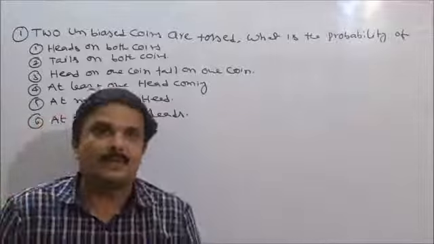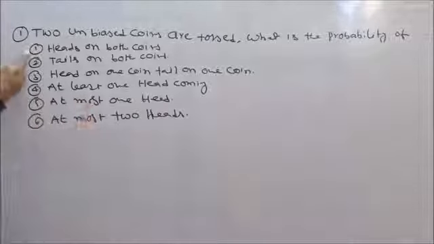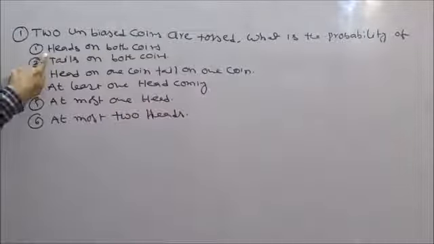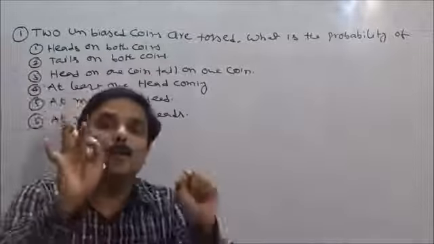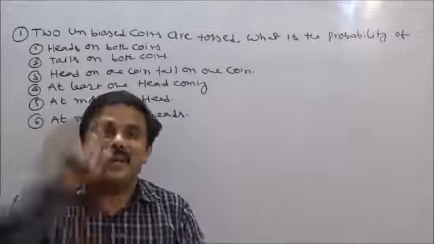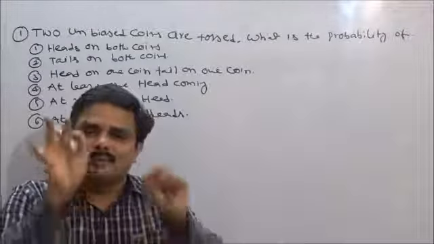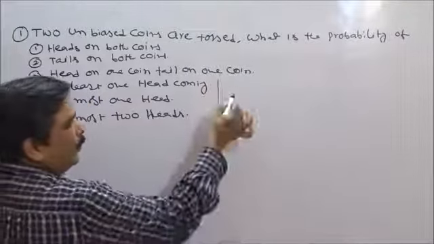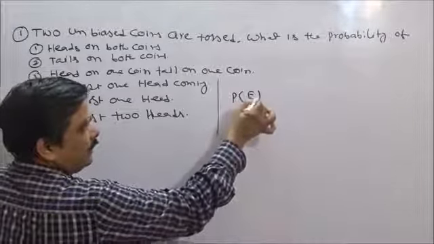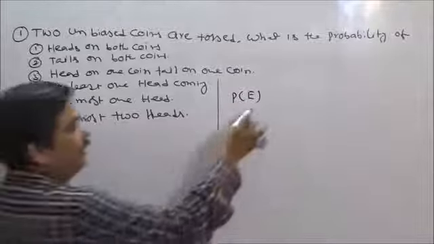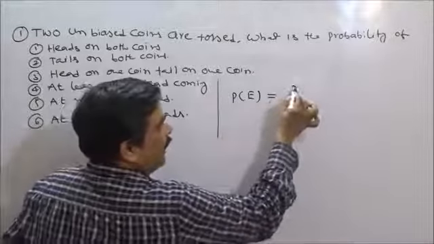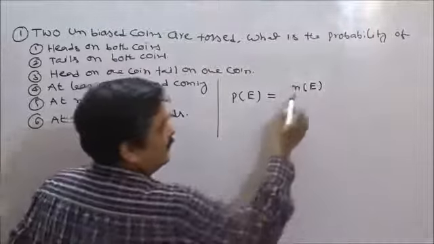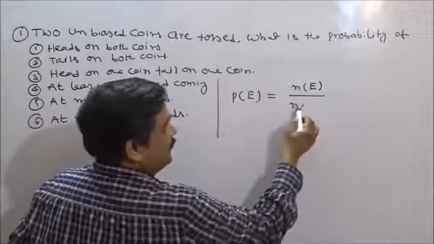This is the question. Now you see, students, the first one is: when 2 unbiased coins are tossed, what is the probability of getting heads on both coins? First, students, remember always, the probability of an event mathematically with the formula is equal to number of desired events divided by sample space.